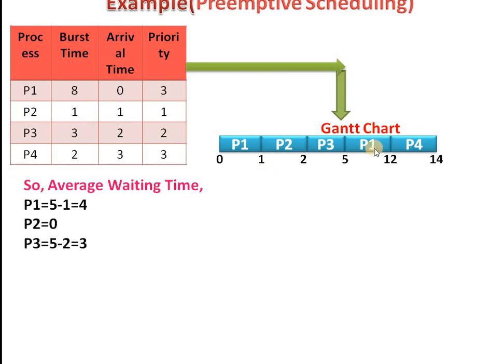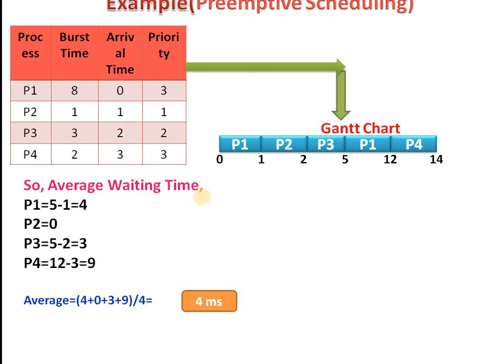P3, its waiting time is 5 minus its arrival time 2, is 3. P4, its waiting time is 12 minus its arrival time 3, is equal to 9. Take the average of that: 4 plus 0 plus 3 plus 9 divided by 4, it's 4 milliseconds.